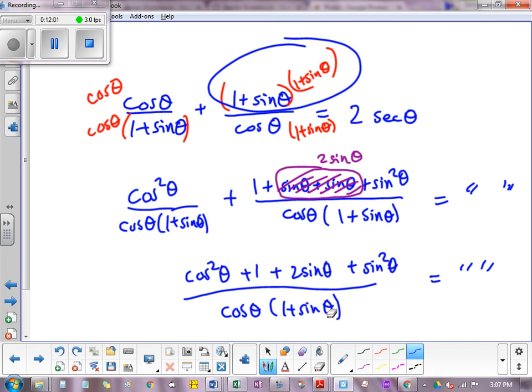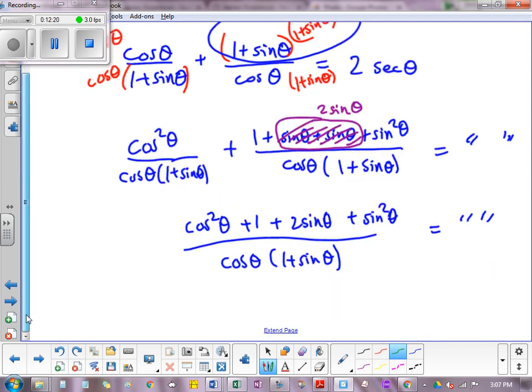How do I know? Because I still remember what the right side was. It was 2 over cosine, and by golly, this had better go away someday. That 1 plus sine has to go away eventually. I'm not wanting to get too ahead of myself here, but I'm not expecting this 1 plus sine to last much longer.